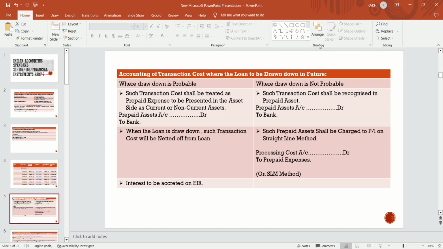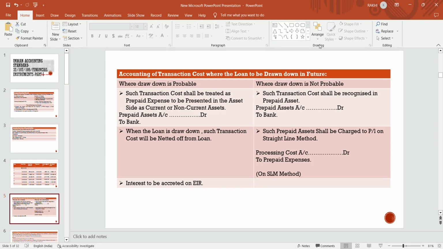In that case the transaction cost shall be treated as prepaid expense, presented on the asset side as current or non-current asset. The entry is: prepaid asset account debit to bank.